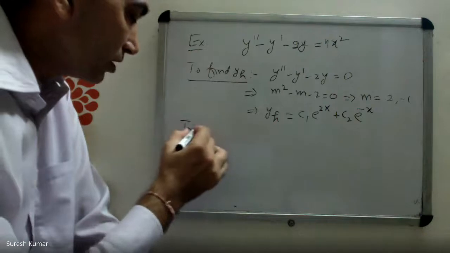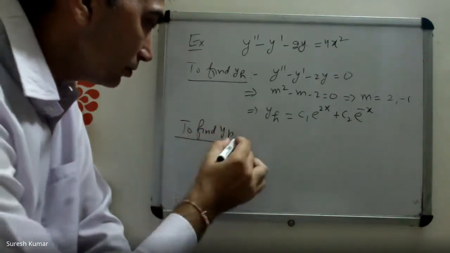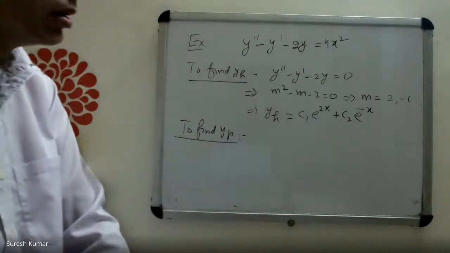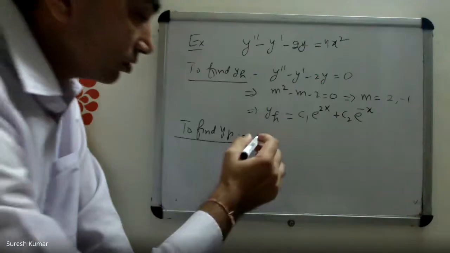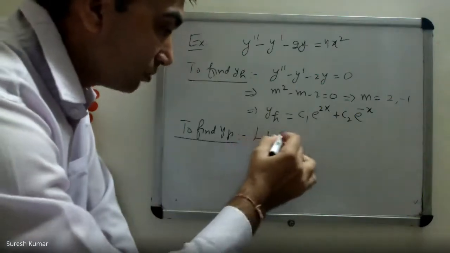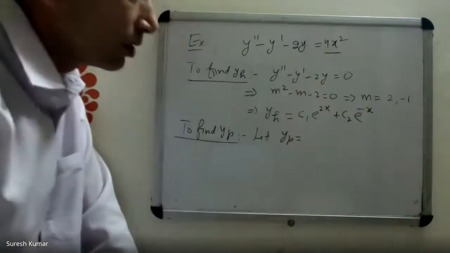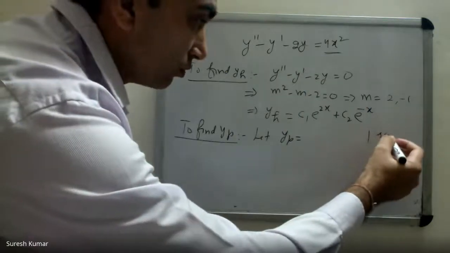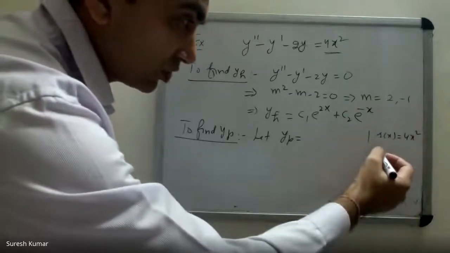Now the next part, that is new for you, is to find yp. You are applying the method of undetermined coefficients. So what do you need to consider? Let yp equal to, look at your R(x). What is R(x) here? 4x square. What are the possible derivatives? List them.